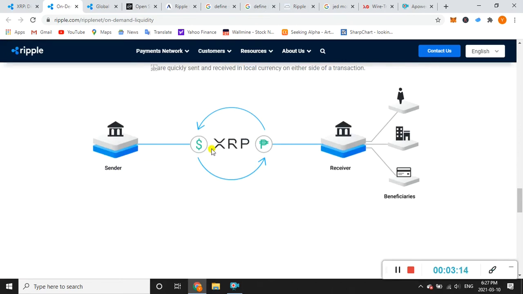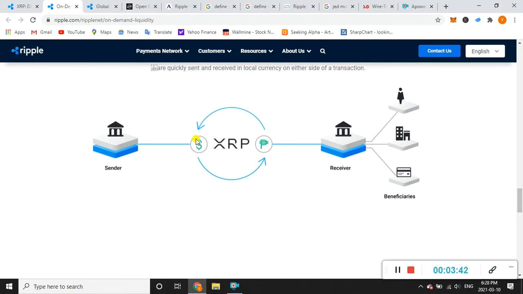What XRP, or what Ripple, does is you have one institution, let's say bank A. They'll put in the money, let's say Canadian dollars. If you've ever dealt with AMP, go watch my YouTube video on it. The way it works is you send in the equivalent of, let's say, Canadian dollars. Then you collateralize that equivalent amount in XRP.